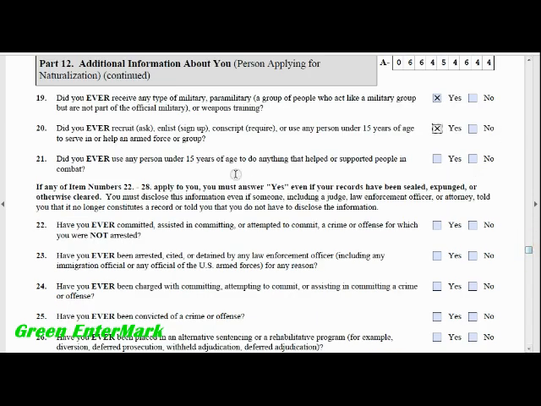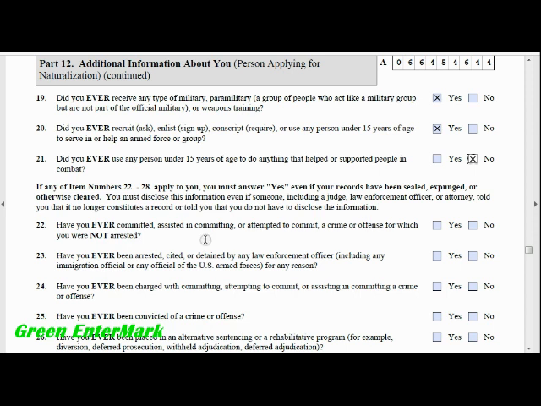Did you ever recruit, enlist, conscript, or use any person under 15 years of age to serve in or help an armed force or group, or to do anything that helped or supported people in combat?